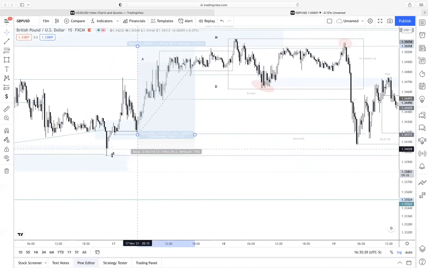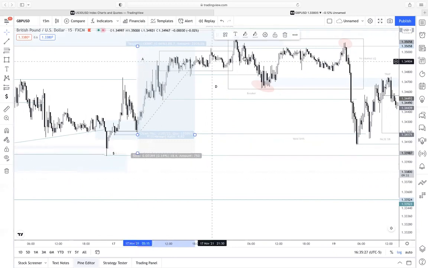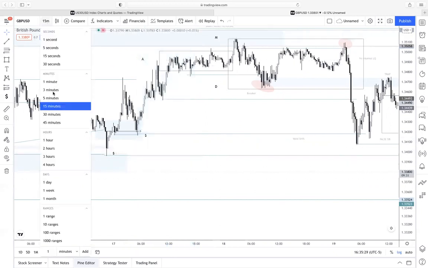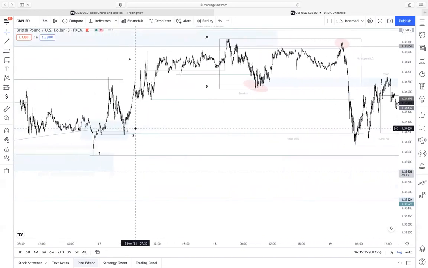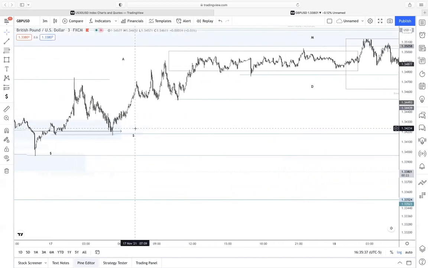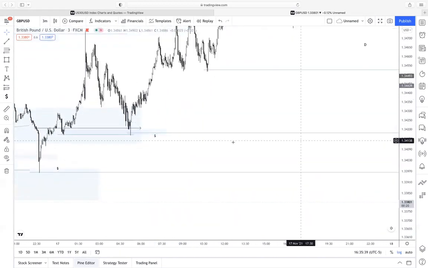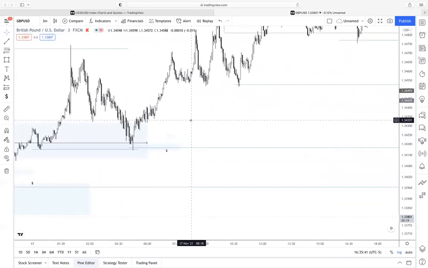And then my stop would not be all the way down here, because that's too much risk exposure. So I actually want to go ahead and take a look at how we reacted off after the run to see if we could have got a much better entry, because we want to minimize our risk. Okay.